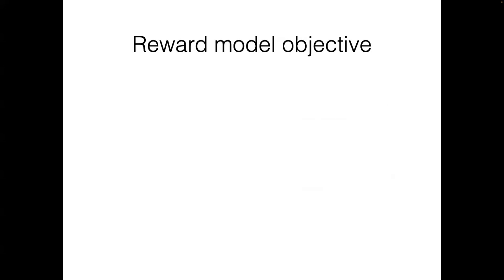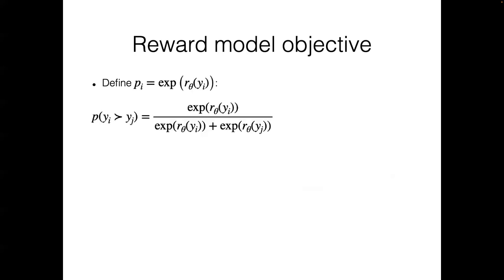And so if we look at this with our reward, then you could define this p_i or p_j as being just the exponent of your reward. And so now you have something that looks like this. And it says the probability that y_i is better than y_j is this thing here.